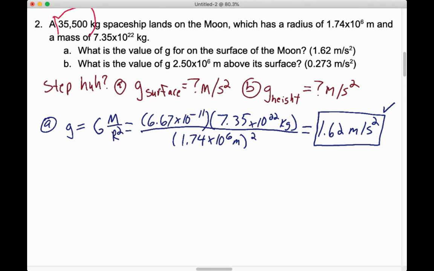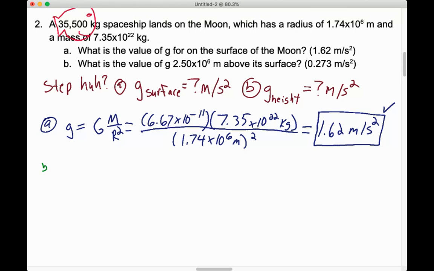Yep, close enough. Kind of a funny looking fish, but that's our fish. The mass of the spaceship doesn't matter. When you're determining things like little g, the mass of the thing sitting on the surface has nothing to do with what little g is. That information is just there to distract you, and the red herrings are a big part of this chapter.